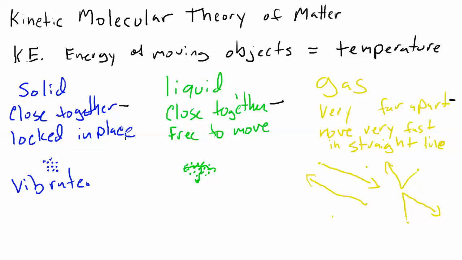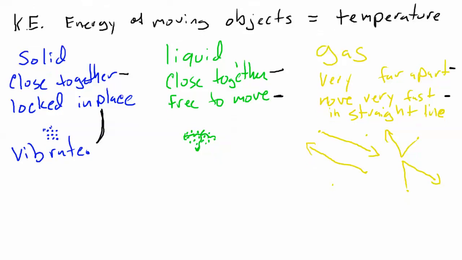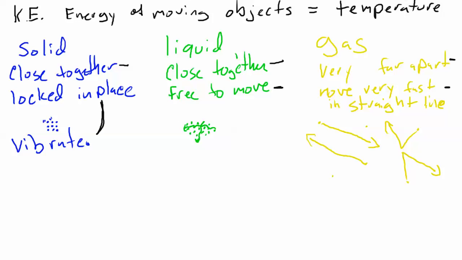And then the motion would be described here: solid particles are locked in place, but they're still free to vibrate, whereas liquid particles can move around past each other, and gas particles move very, very fast, usually in a straight line. And so that leads us to the kinetic energy. You can probably guess what's going on with the kinetic energy here.